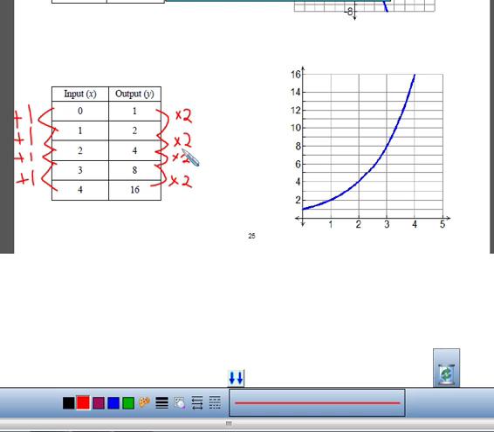This is actually what's known as an exponential curve. So it is not a straight line because it's doubling. It's not increasing or decreasing at a constant rate. Okay? So this is what's called an exponential, which is something you'll be learning about later on this year. So this is also not linear.